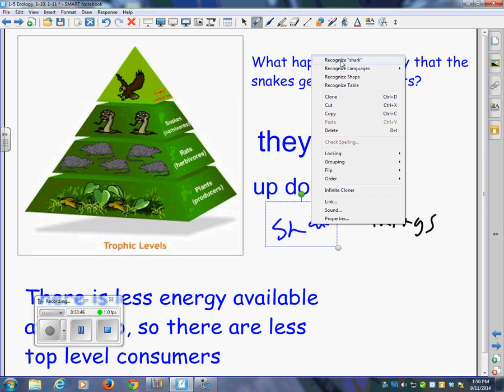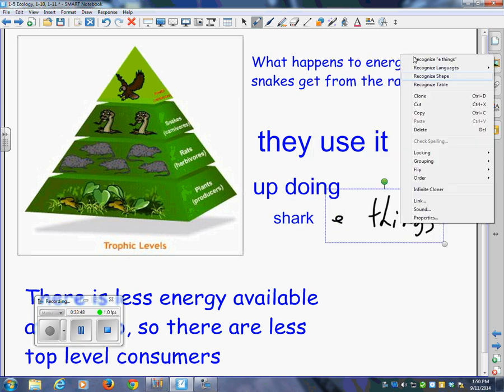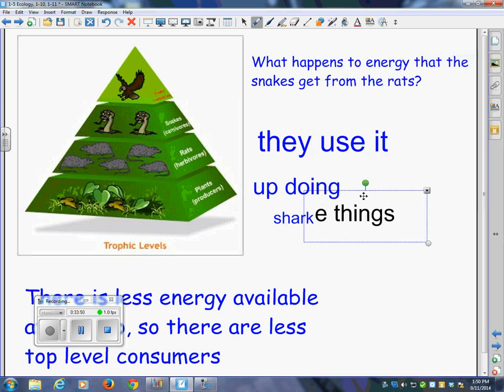Oh, I thought it was shark things. Yeah. They use it up for shark things.